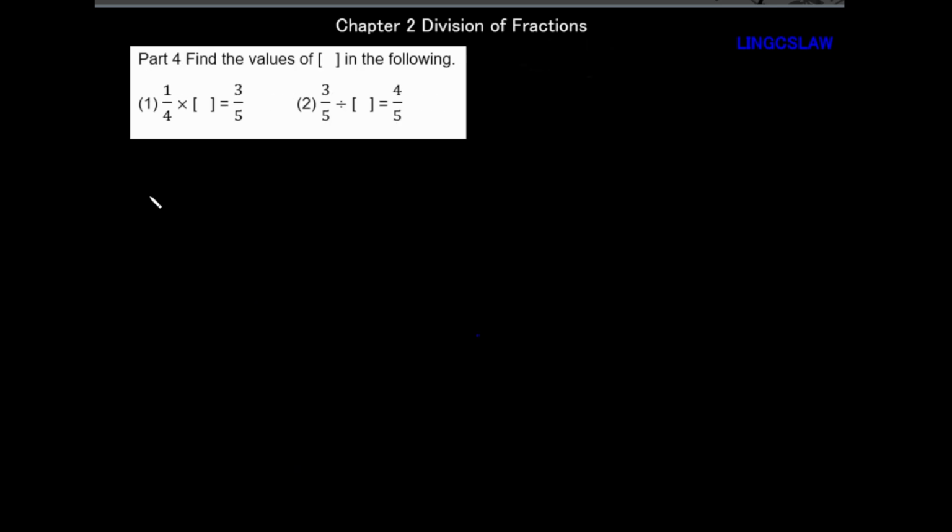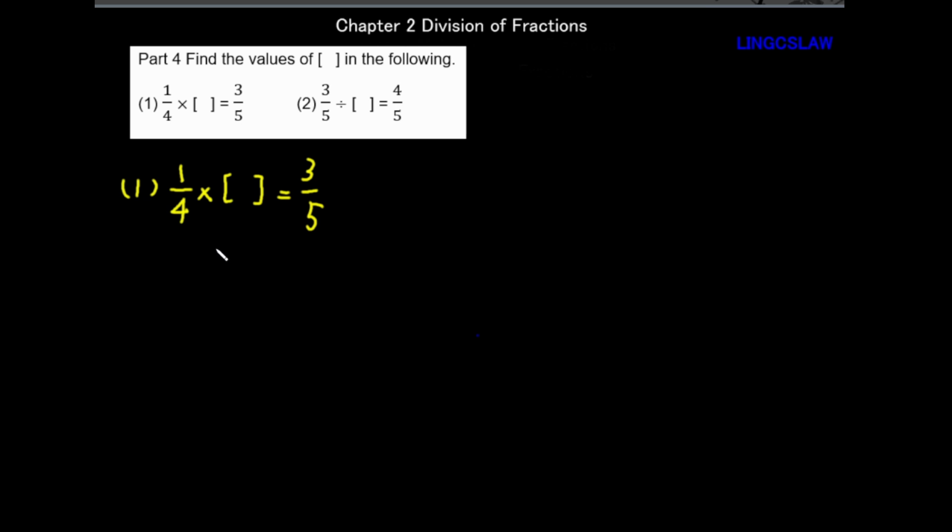Okay, part 4. Find the values of the number in the brackets in the following. Number 1, 1/4 times something equals 3/5. We can multiply both sides by 4 or 5, maybe 4.